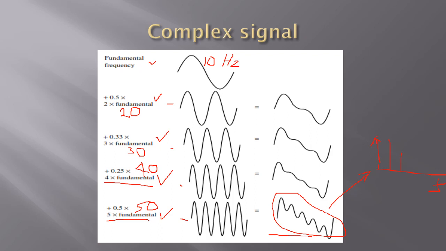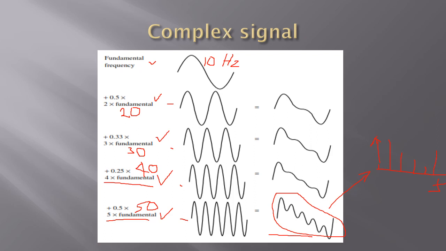Then the third one is only 1/3, but the frequency is 3 times as high. And then the fourth one is only a quarter, and the frequency is 4 times as high. And then the last frequency is half the power of the fundamental frequency, with the frequency of 50 Hertz.